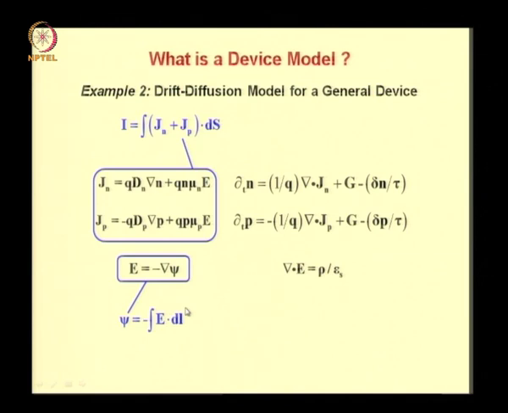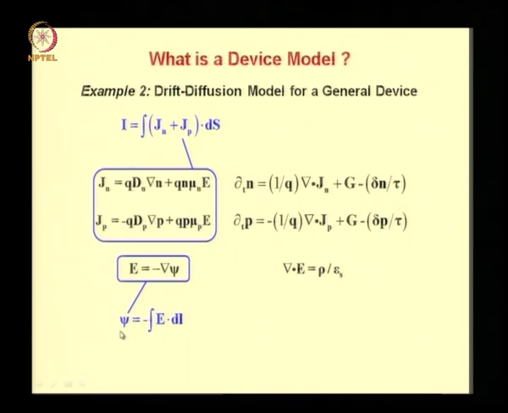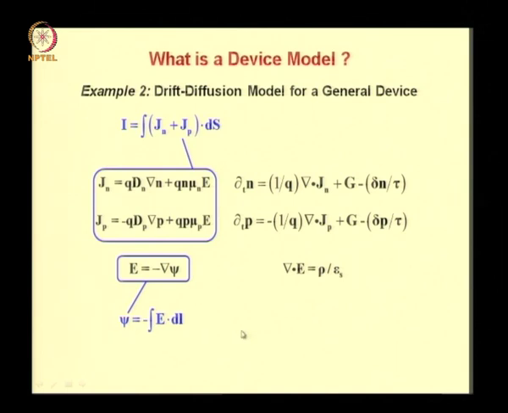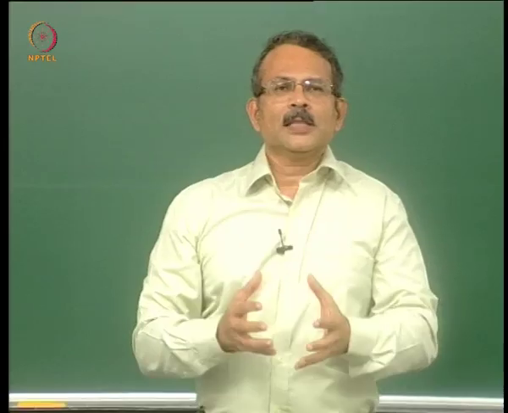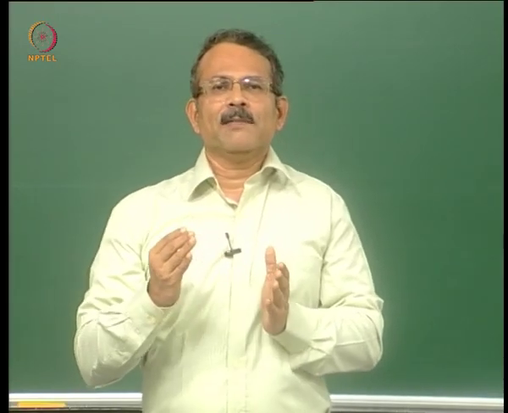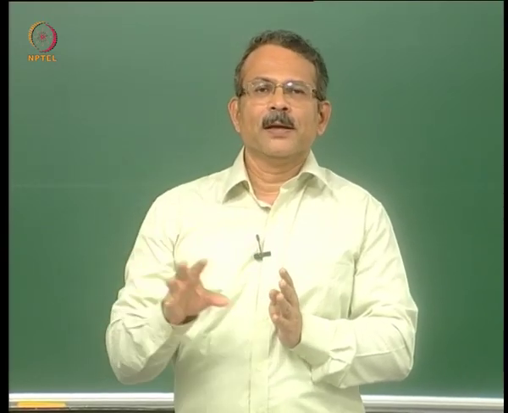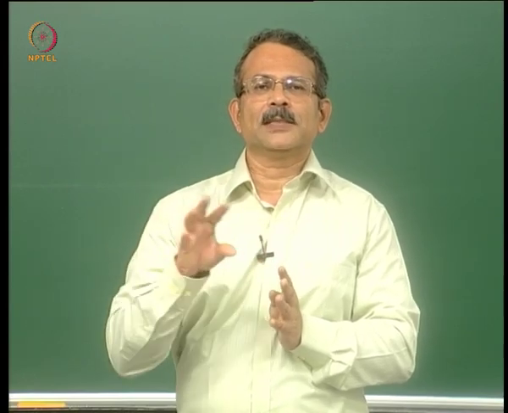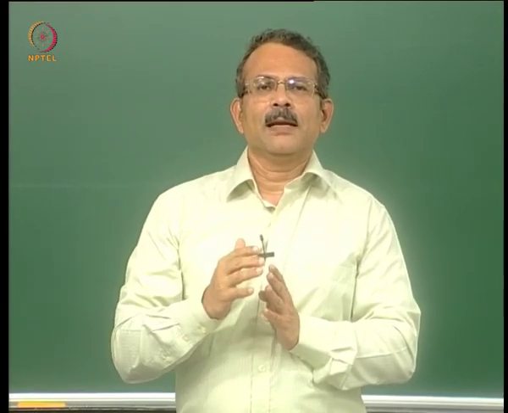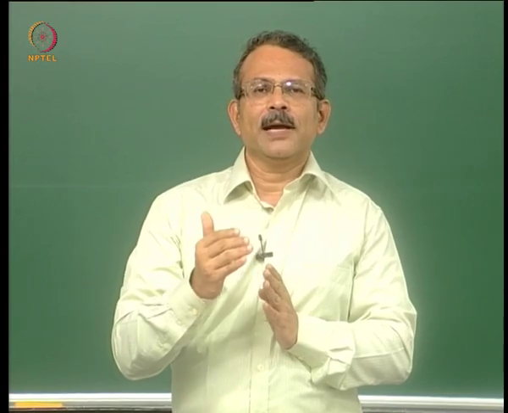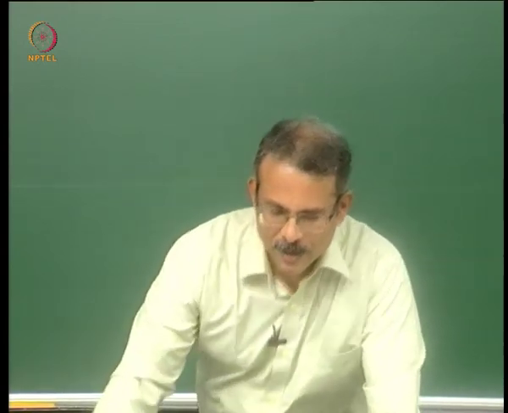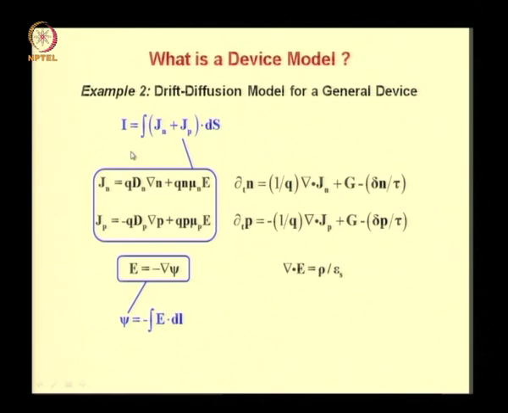So this is how you can get the current I for any voltage psi. So in this approach, you will take different values of psi, and for each value of psi you will solve these 6 equations as a function of space and time, and then at any instant you will find out the current for that psi using this formula.